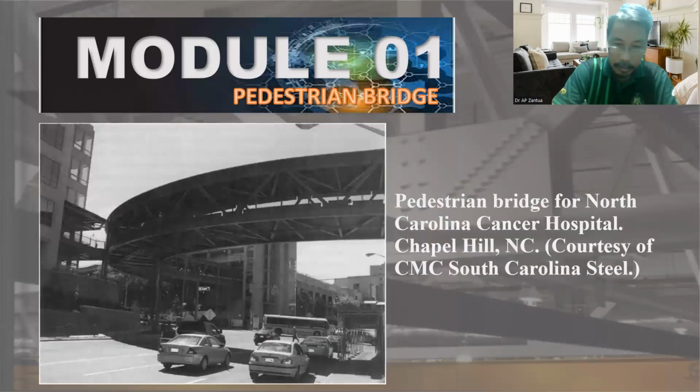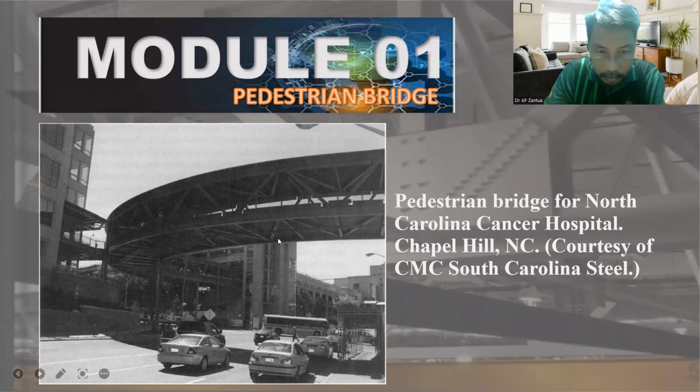Pedestrian bridge. Like this one, you can see the steel structure, truss members, and joist and beam support underneath. So trusses here on the side and the roofing, and we have joists and major beams, and so on.